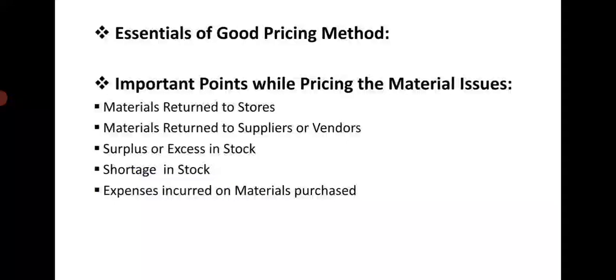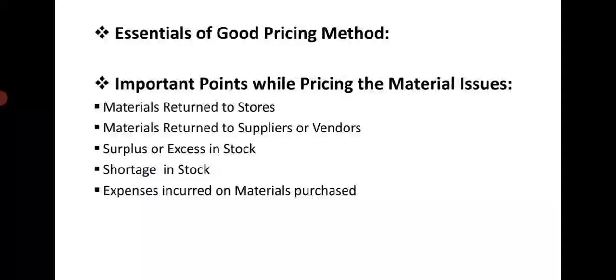So third adjustment is shortage of stock. If any shortage of materials is noted on making the physical verification of the stock of material, it should be entered on the issue column of the stores ledger account. And it should be valued in accordance with the method adopted for pricing out the material, that is current issue method should be followed.